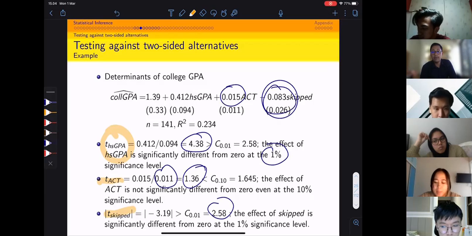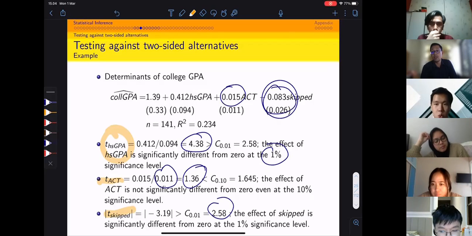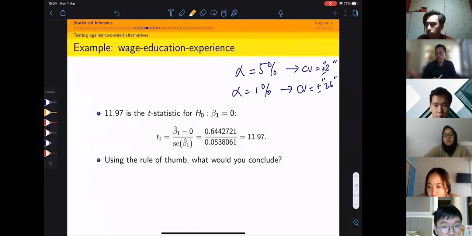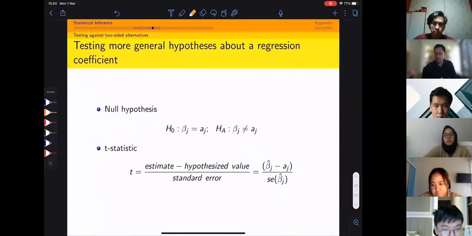But if it's still not significant at the 5% level, we evaluate whether it's significant at the 10% level. If it's not significant at the 10% level, then we can conclude that it's not statistically significant. We don't want to push beyond 10%. Why? If we push beyond 10%, then there is a higher likelihood of rejecting a true null hypothesis. Okay. All right, good. One more question before I go into the next discussion.